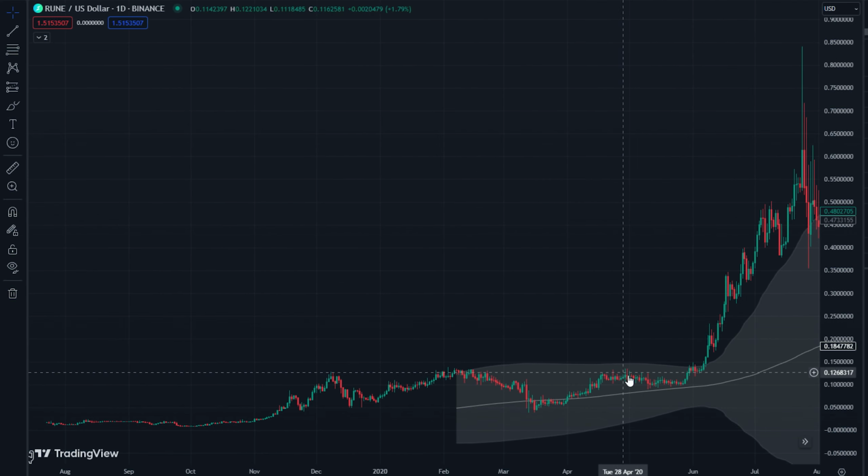So people are selling their bags, and whether they're looking to buy at 40 cents or 30 cents, whatever, I don't know, but the smart money is selling right now, and we can see this. So my advice, not financial advice, just my opinion, if I was a gambling man, I would short Rune right now, or I would sell my Rune if I'd bought any, and I would wait until we get to around a $31.3 price.